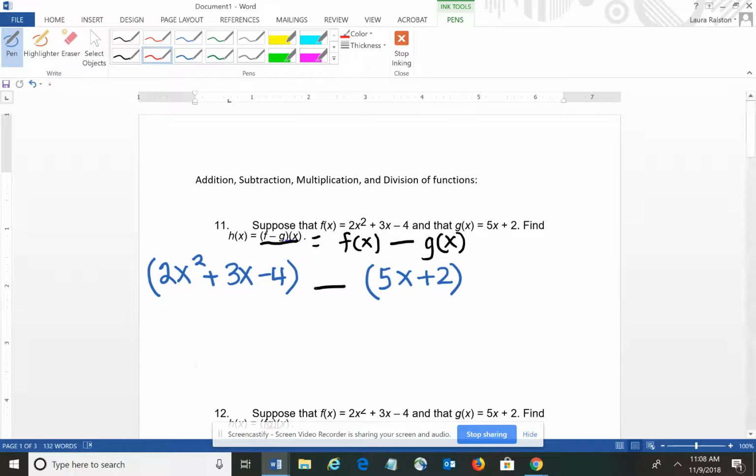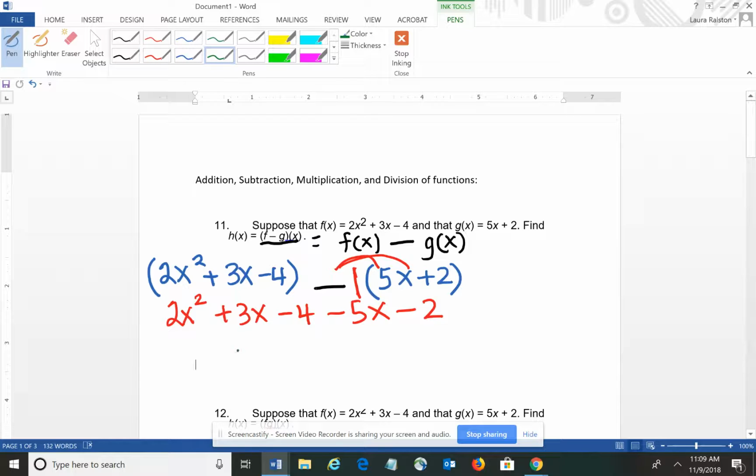But now remember to be careful because there's an understood 1 in front of the parentheses here, and we have to distribute that 1. So when I do that, I have 2x squared plus 3x minus 4 minus 5x minus 2. And then we come back and we combine like terms.